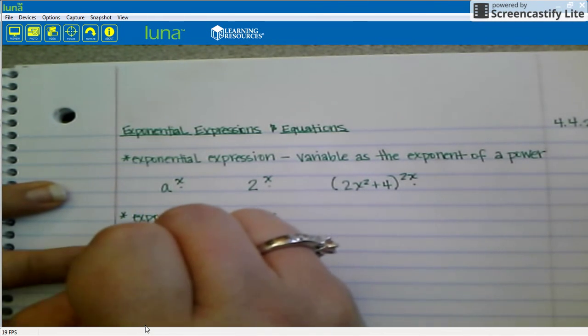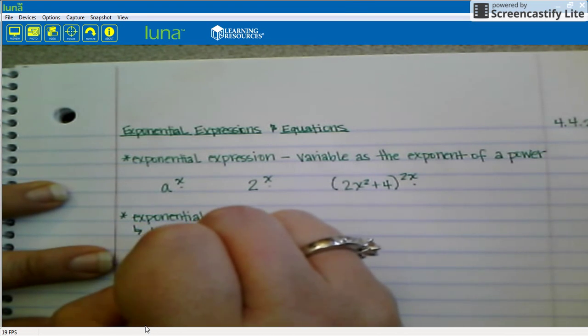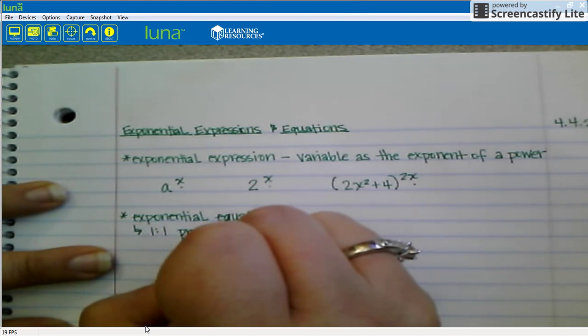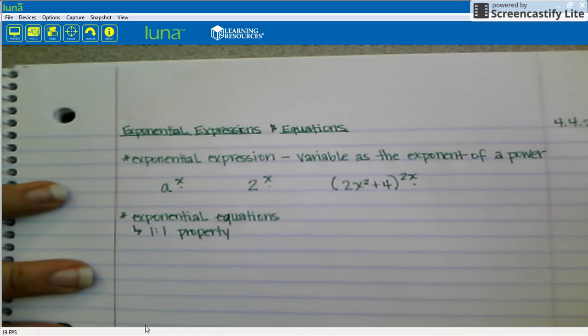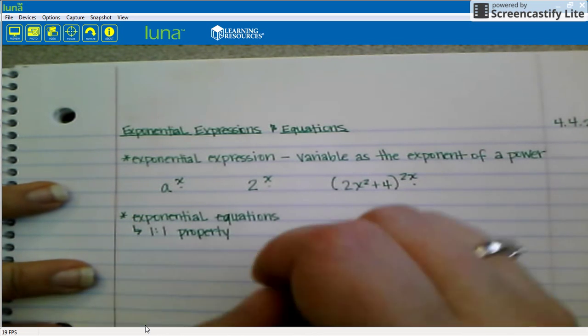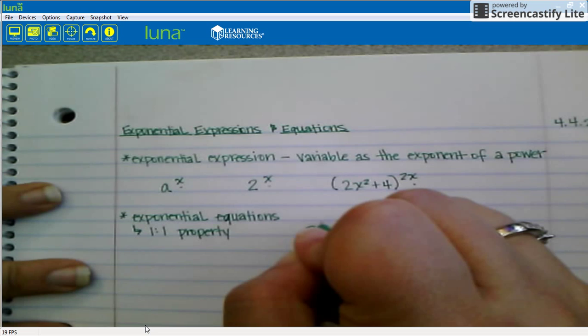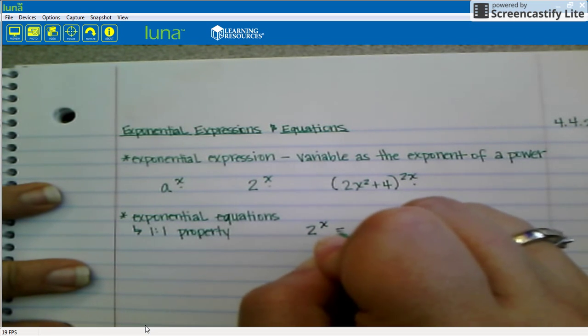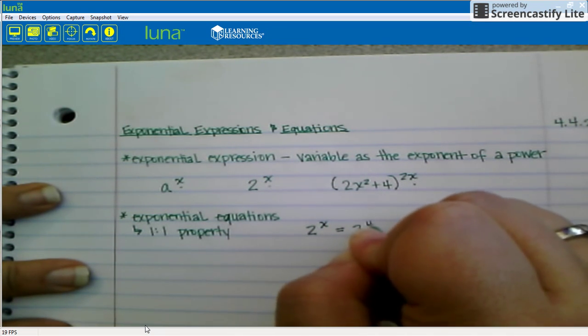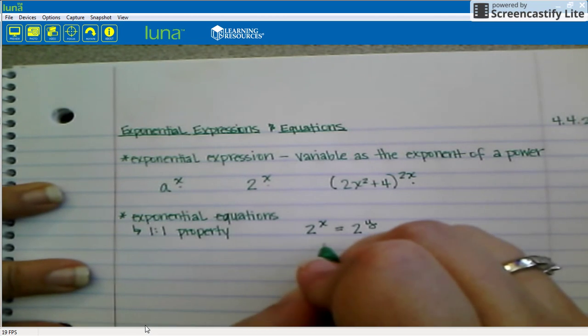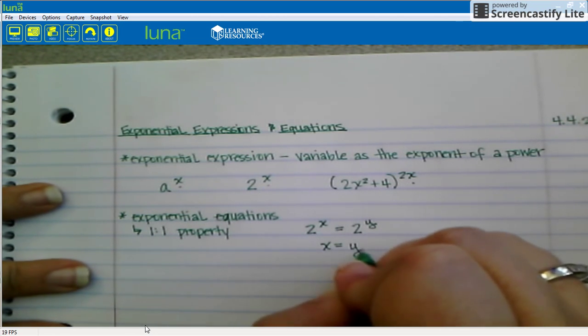The one-to-one property of exponential equations says if you have two exponential expressions with the same base set equal to each other, then their exponents must be equivalent.